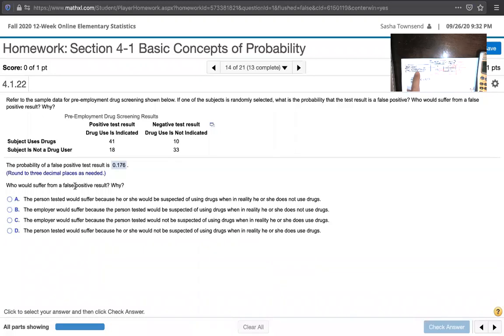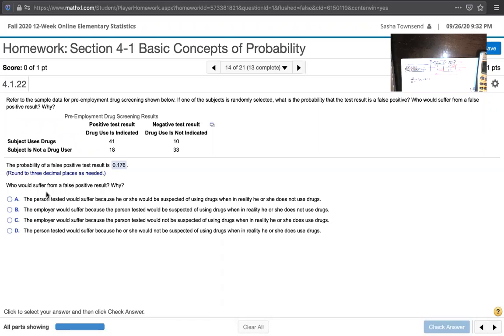And even though they don't use drugs, they got a positive test result. And because they got a positive test result, I bet they didn't get the job. So the person that took that test and got a false positive is the one that is going to suffer because they don't get the job. They would be suspected of using drugs when they don't actually use drugs.